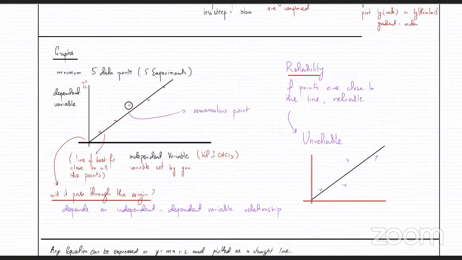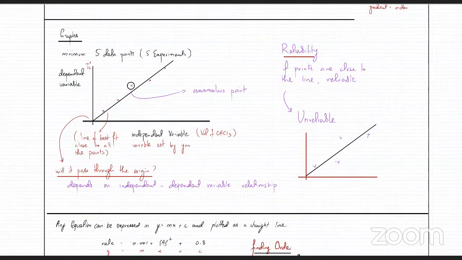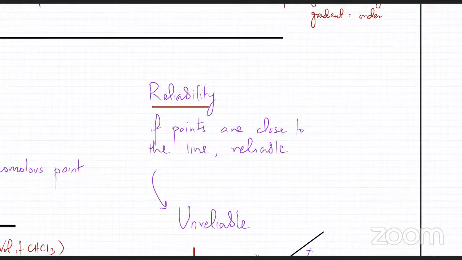So over here, remember, reliable means repeatable experiments, right? It just means repeatable. It does not necessarily mean accurate.